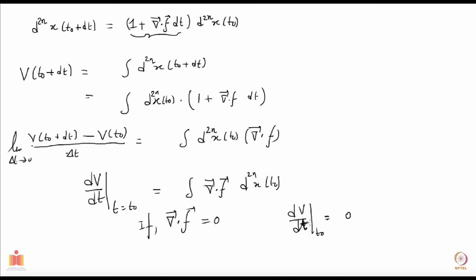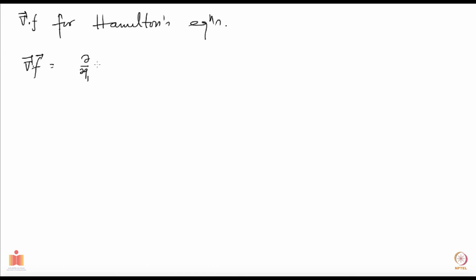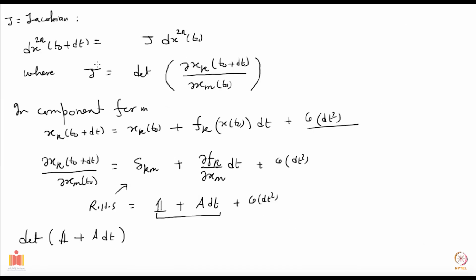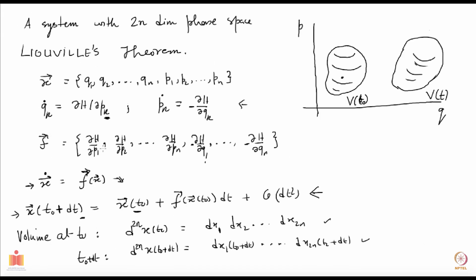But now let's look at what we have for our specific case of Hamilton's equations. So let's see what we have for divergence of f. Your divergence of f is, let's recall, ∂/∂q_1, that's the first coordinate, and then recall what f was. f was ∂H/∂p_1.